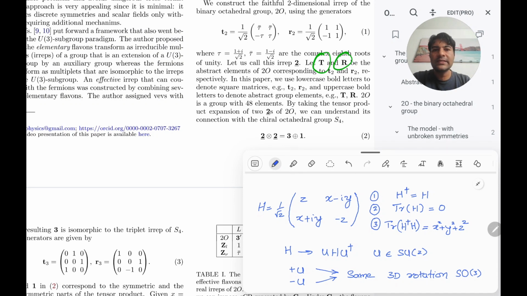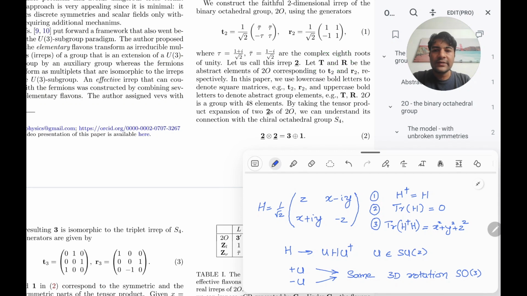In the literature, we see 3 generators because that makes it convenient to show how the symmetry is broken. But in this paper, for the purpose of brevity, I would like to use just 2 generators, T and R. The relationship between these generators and STU is given in the appendix.